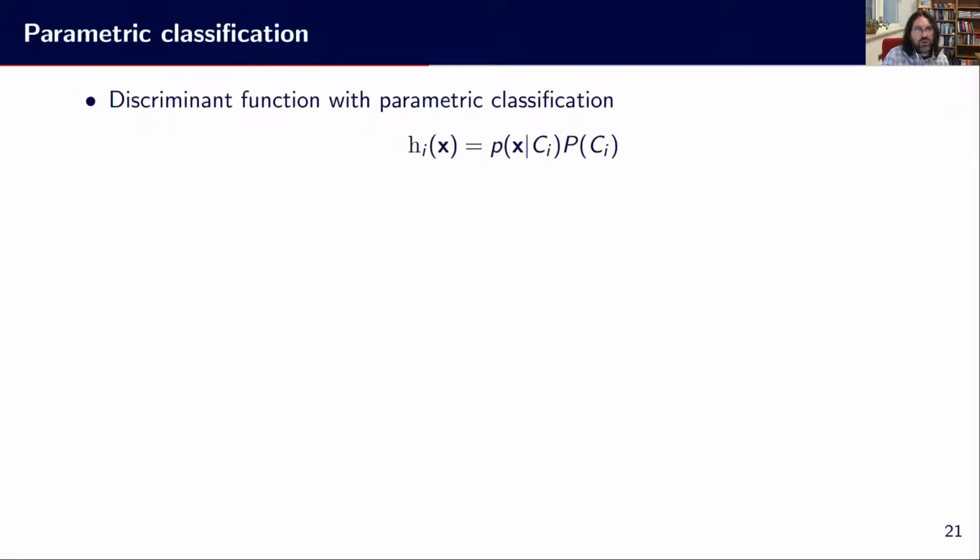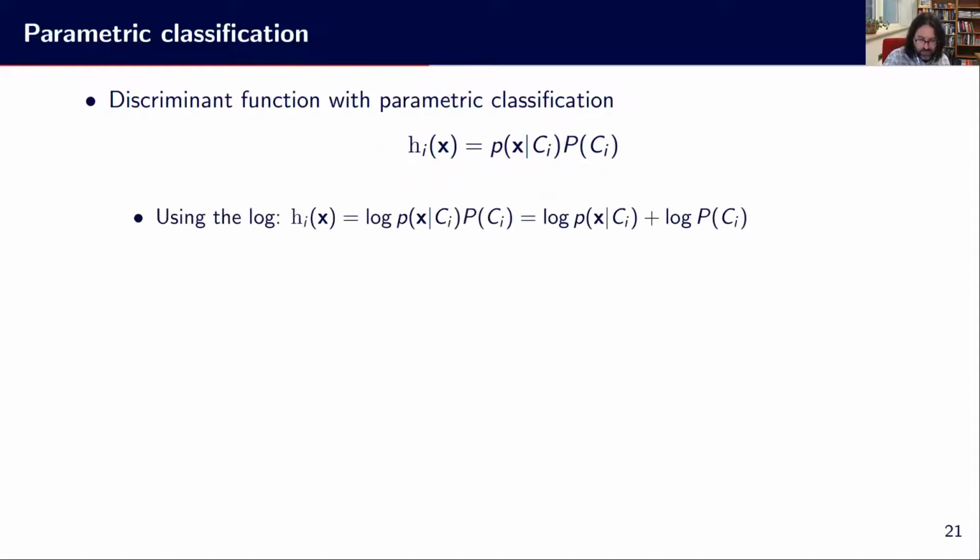So with parametric classification, if you remember well, we kind of ignore the evidence here in terms of Bayes rule, and we are often using directly the likelihood of a given data according to class, P of X given Ci, and its prior probability of class Ci. So this gets us some kind of discriminant function that we can use. Applying the log on that, which is perfectly fine because the log is not changing the order, it is a monotonic transformation.